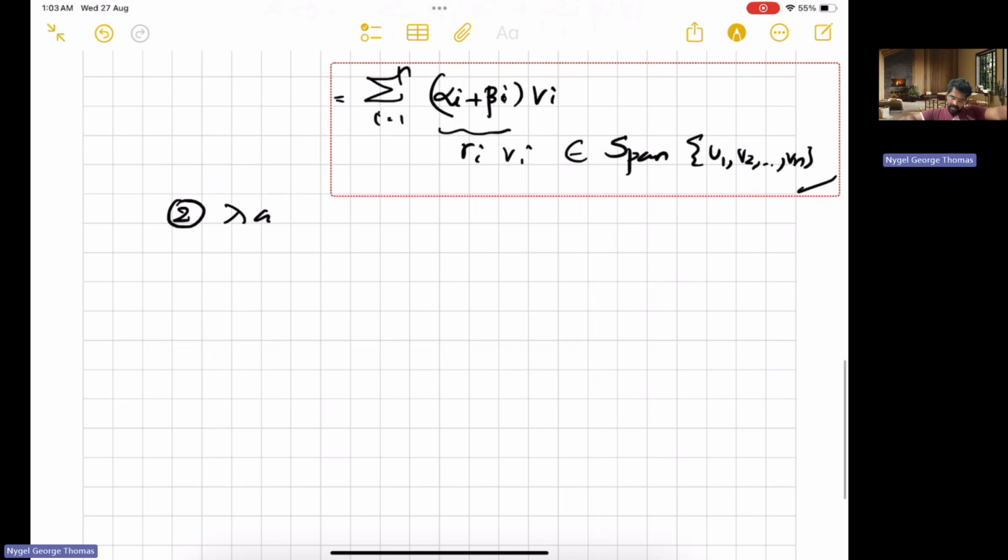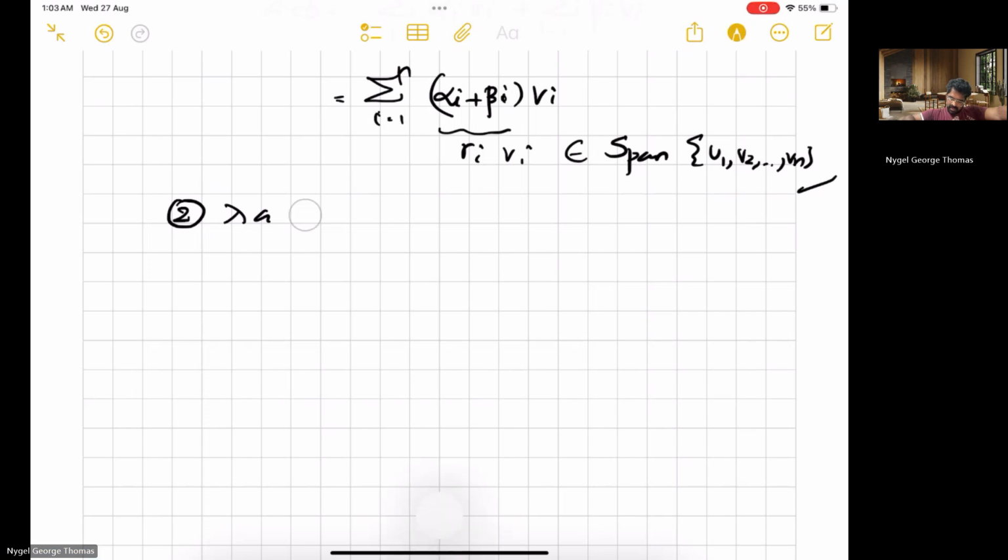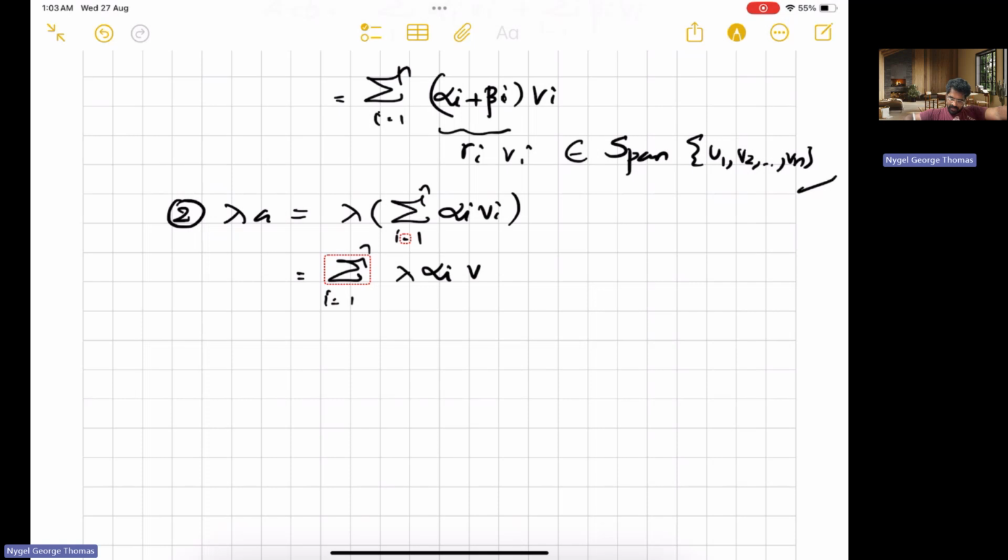Let's say lambda times a is equal to lambda times sigma i equal to 1 to n alpha i vi, which in turn is sigma 1 to n lambda times alpha i vi. We can call this some delta i.